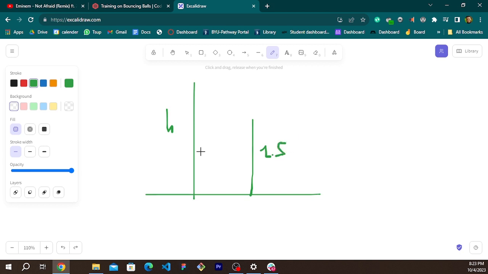Once the kid, who is standing up here, throws the ball, it will bounce, but it will get minimized each time. 0.6 will be 2/3 of the h. That's what they said in the question.